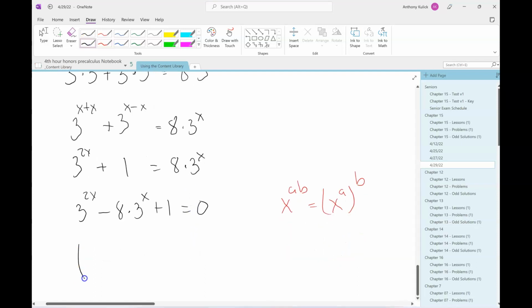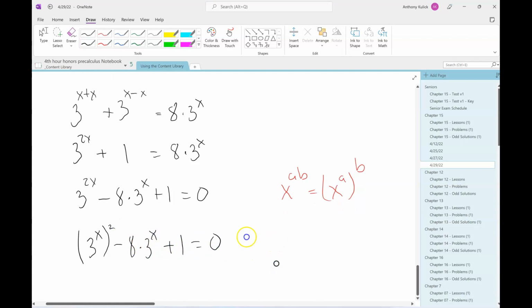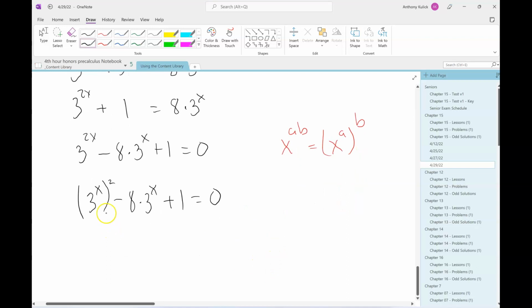So I can take 3 to the 2x and think about it as 3 to the x squared. Now it should be much more obvious. If it's still not obvious, let's make a little simple substitution. And now it is expressly quadratic.